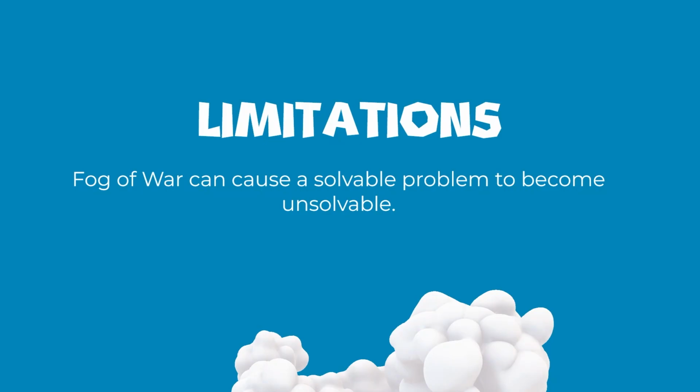Fog of War comes with limitations as well. Fog of War can cause a solvable problem to become unsolvable. This happens when, for example, a story requires an important but unobserved event to happen at the start of the story.